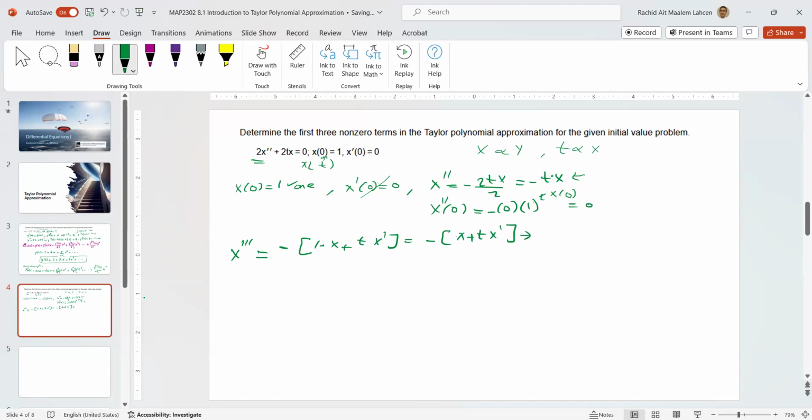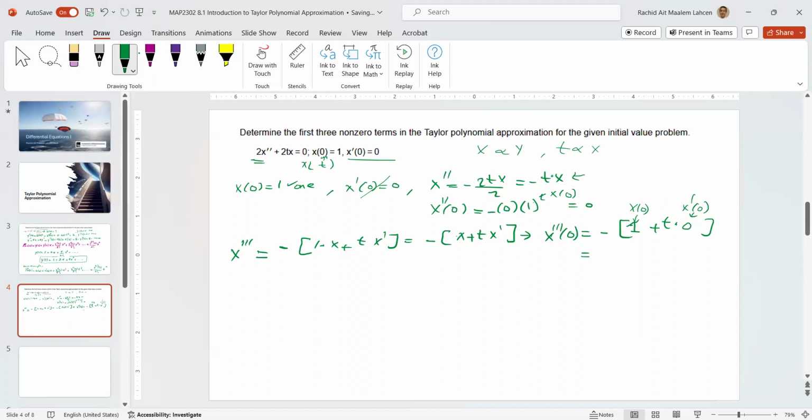Now we can find the value of this third derivative at 0. x of 0 is 1, and plus t times x prime of 0. x prime of 0 is given as 0, right?